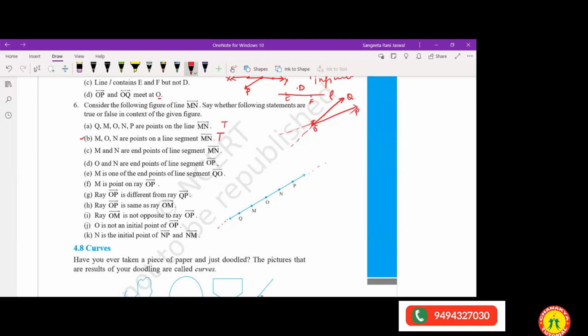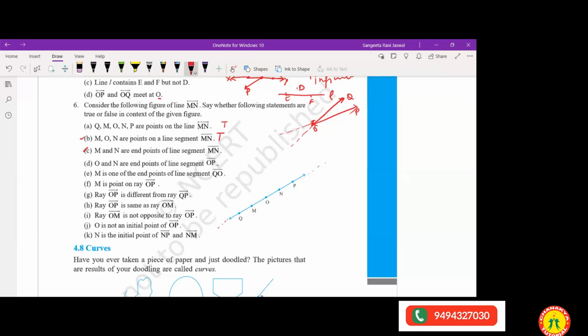Okay, next. Let me give a chance to Advika. Advika, read the C part and give your answer. M and N are endpoints of line segment MN.